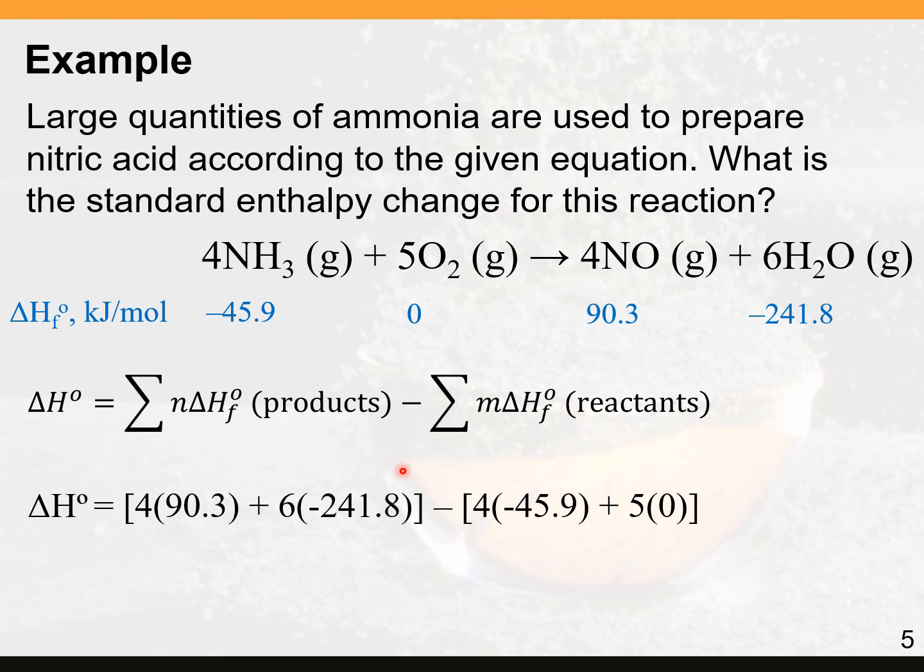From that total, we're going to subtract the sum of the reactants: 4 times the standard enthalpy of formation of ammonia plus that of oxygen. Since oxygen is 0, you can omit this as well. Once calculated, the standard enthalpy of the reaction comes out to be negative 906 kilojoules.